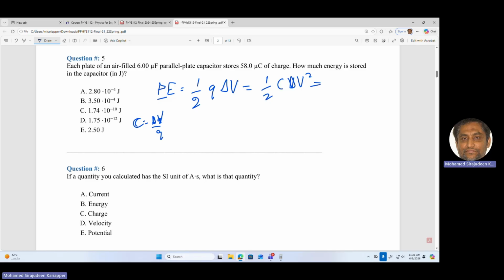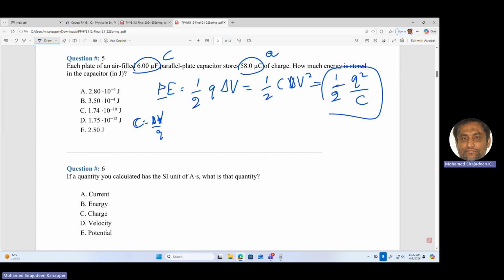And also another one, with the half again: Q squared over 2C. Right. Which one should I use here now? What is given to us? Q, and this is the capacitance. So we should go for this one.